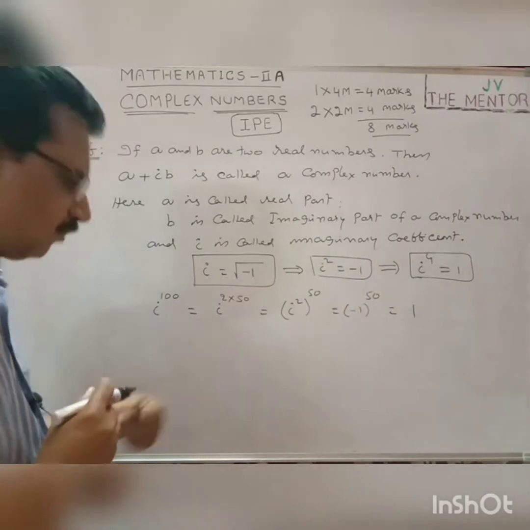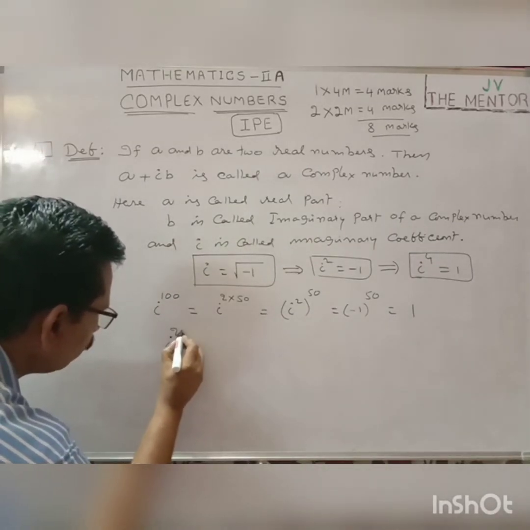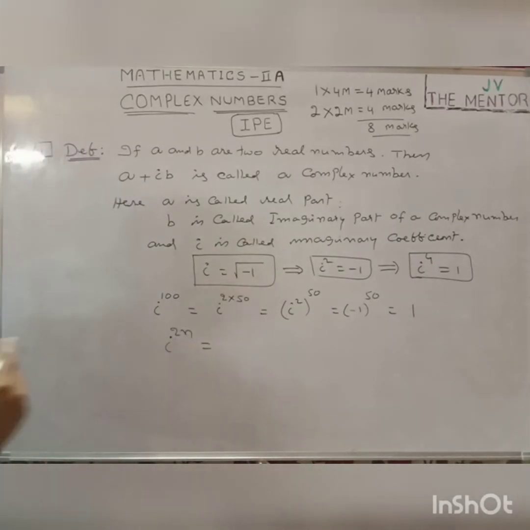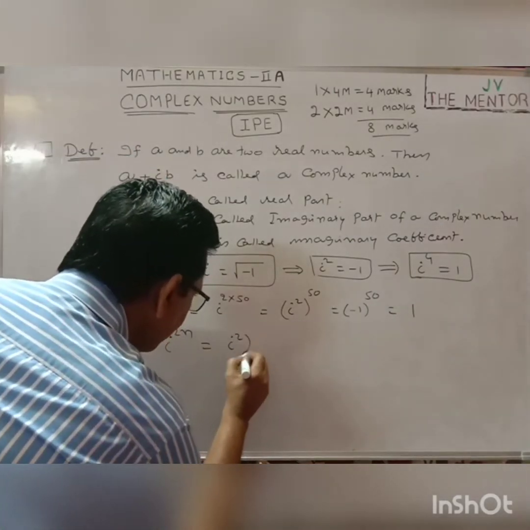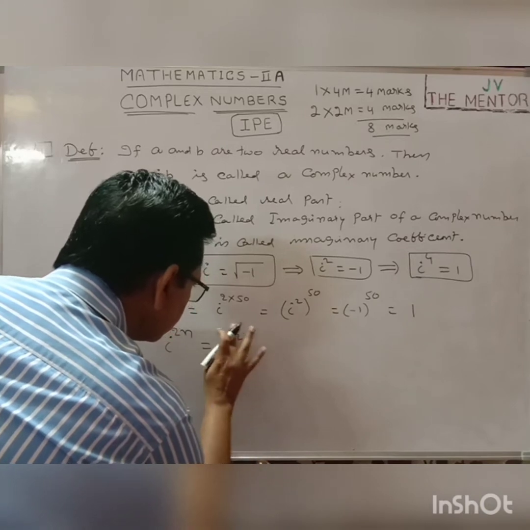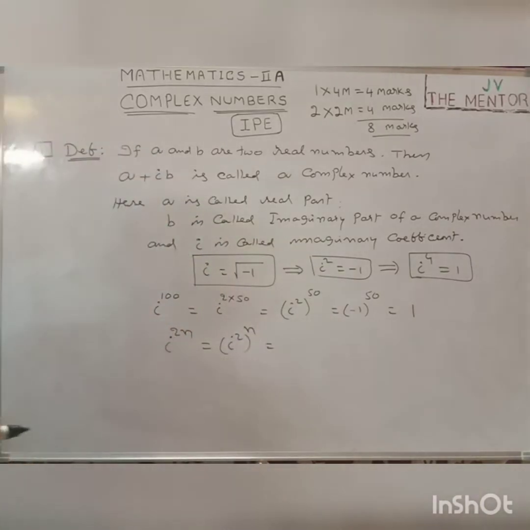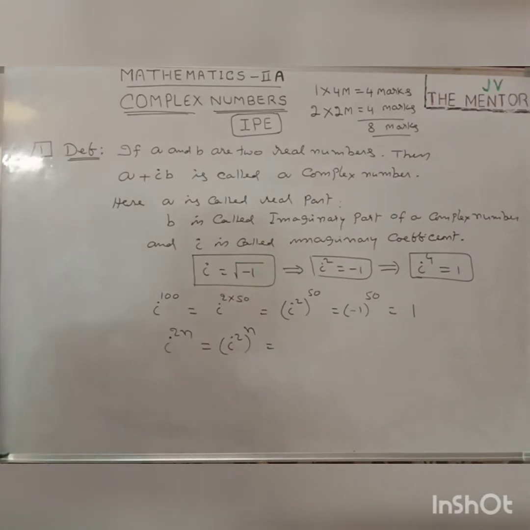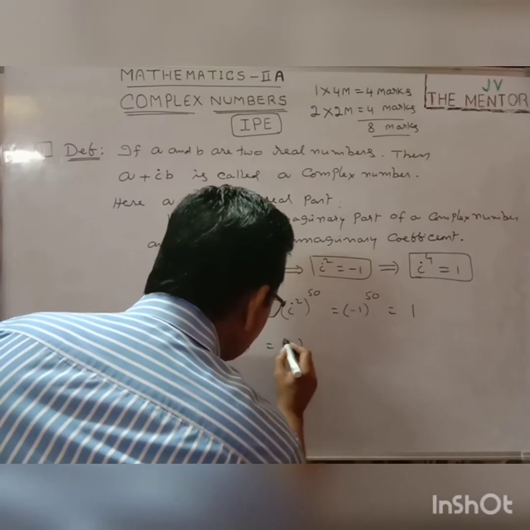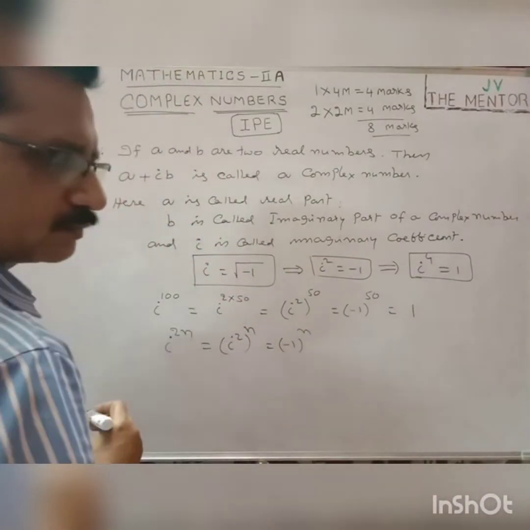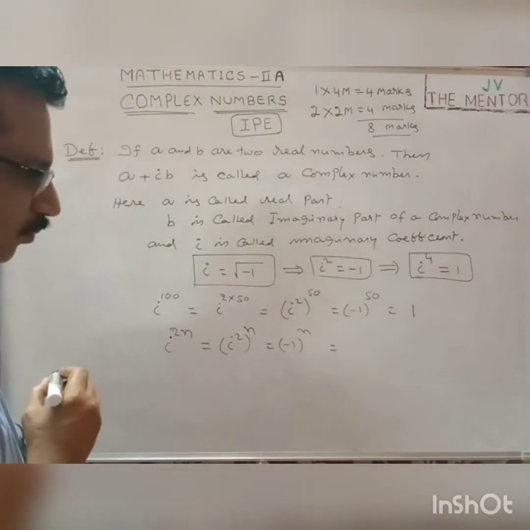From this we can say that i power 2n can be written as i square whole power n. The value of i square is -1, so this equals -1 whole power n.